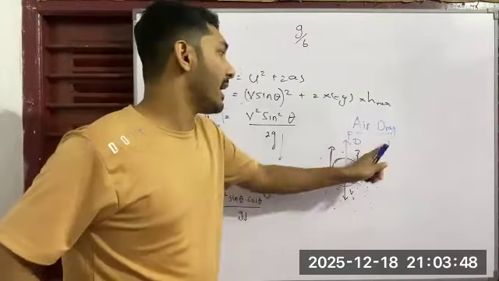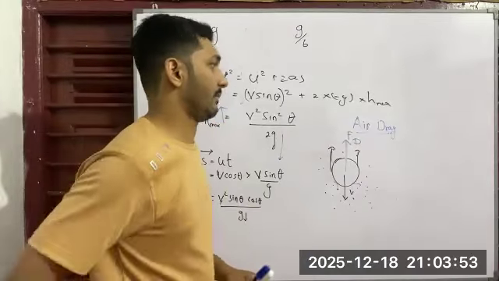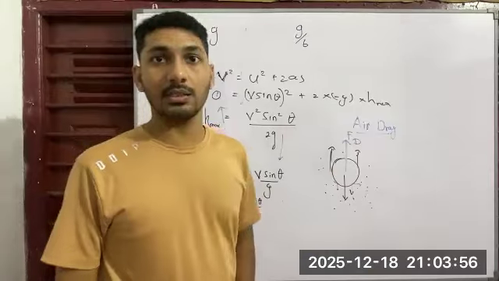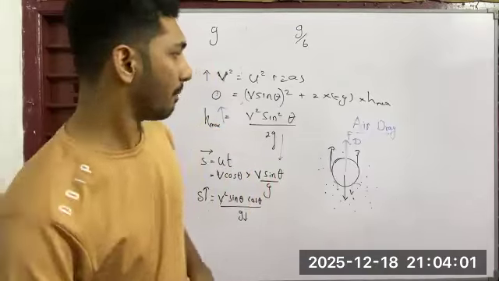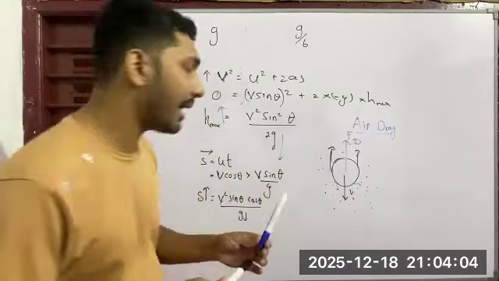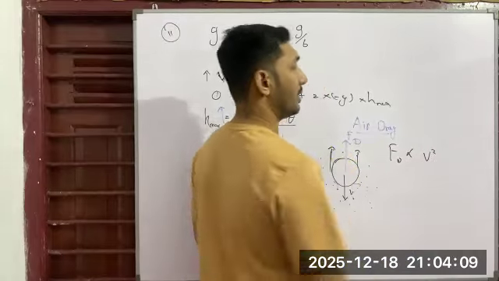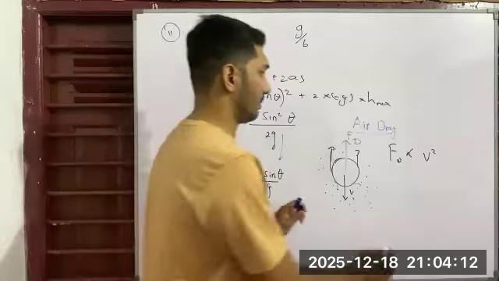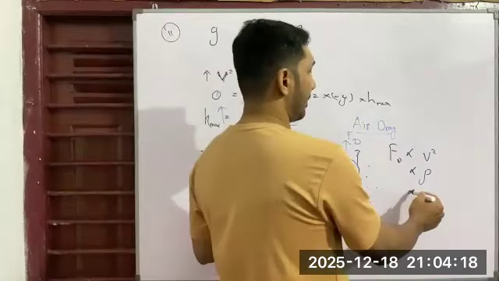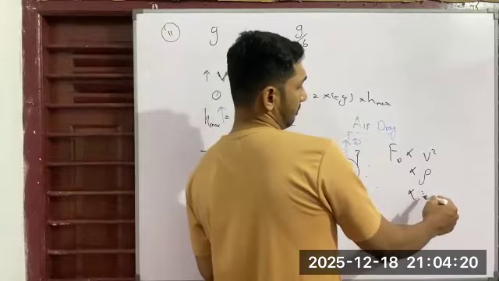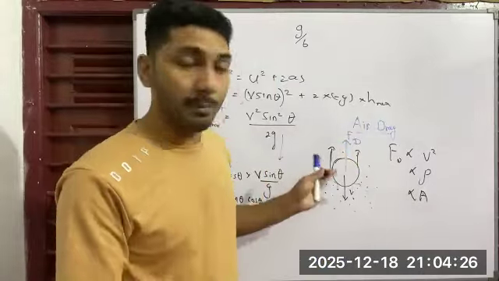Air drag will always be opposite to the direction of velocity, or you can call it relative velocity. They say that air drag is directly proportional to the relative velocity squared, directly proportional to the density of the medium, and directly proportional to the resultant area.